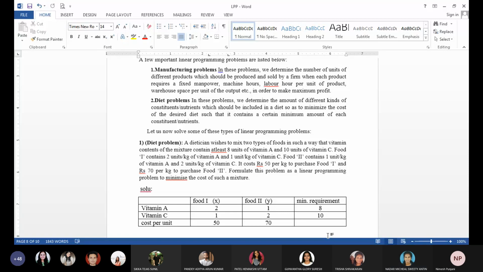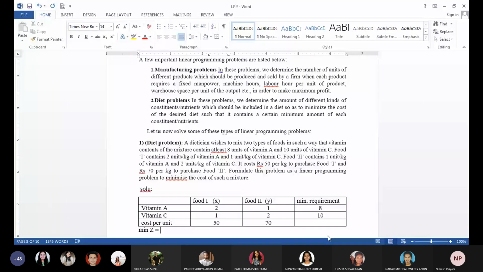Yes, sir. So now once this information is written in the form of a table, now we have to formulate. So what do we do to formulate? Read the last line: formulate this problem as a linear programming problem to minimize the cost. So objective function will be to minimize.